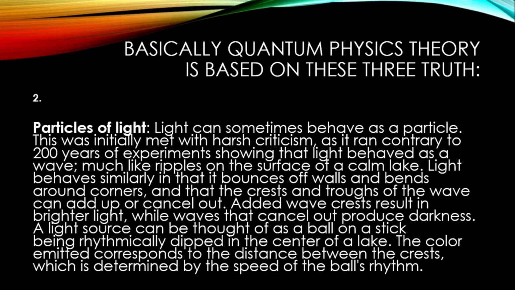An added wave crest results in brighter light, while waves that cancel out produce darkness. A light source can be thought of as a ball on a stick, being rhythmically dipped in the center of a lake, and the color emitted corresponds to the distance between the crests, which is determined by the speed of the ball's rhythm.